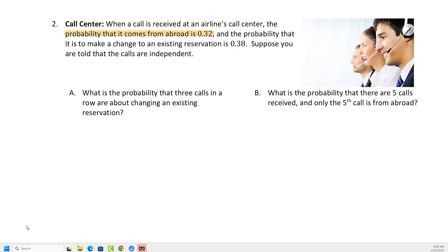And the probability that it is to make a change to an existing reservation is 0.38. Suppose you are told that the calls are independent. So the calls are independent of each other. As they come in, the call that happens isn't dependent on anything that's come before it or anything that will come after it.